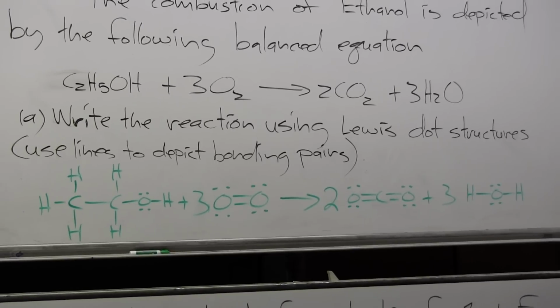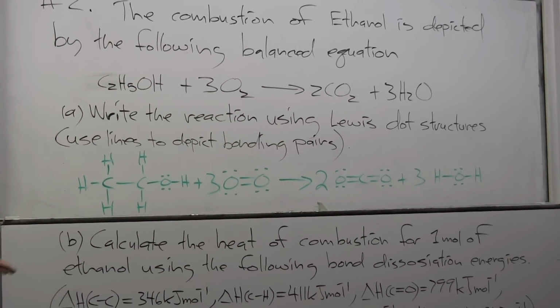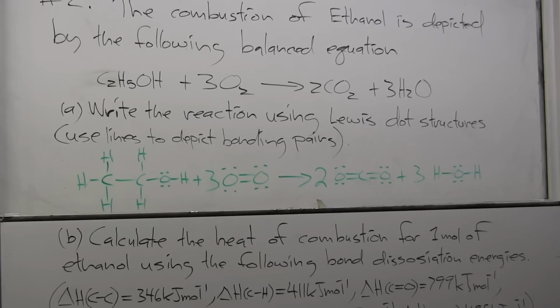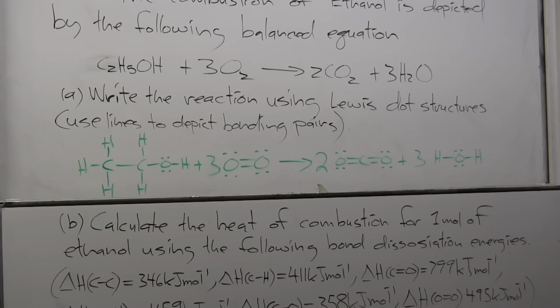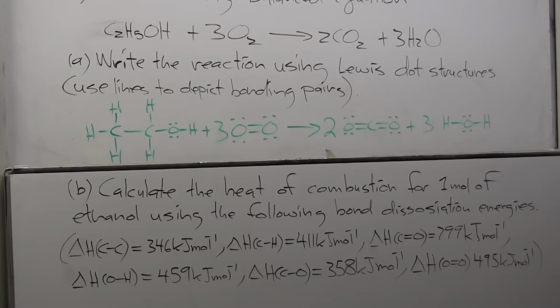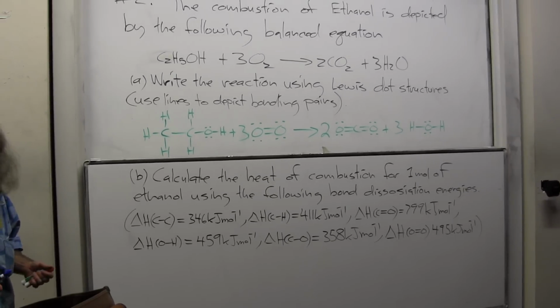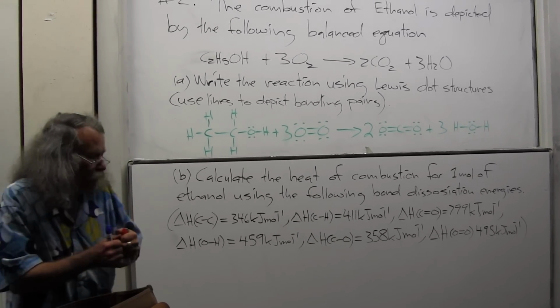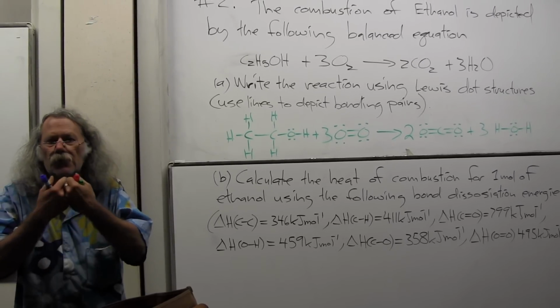Now, in order to understand the next part, where I have to calculate the heat of combustion for 1 mole of ethanol using the bond dissociation energies, we have to understand what goes into this. A bond dissociation is an endothermic process.